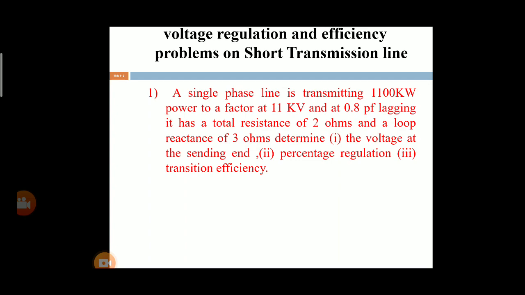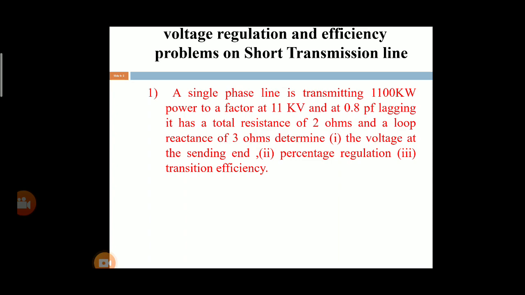We already know the equivalent circuit diagram for the short transmission line. Those values will be substituted in it and then the remaining values we will find out. First, determine the voltage at the sending end, that means Vs. Second, we calculate the percentage voltage regulation.